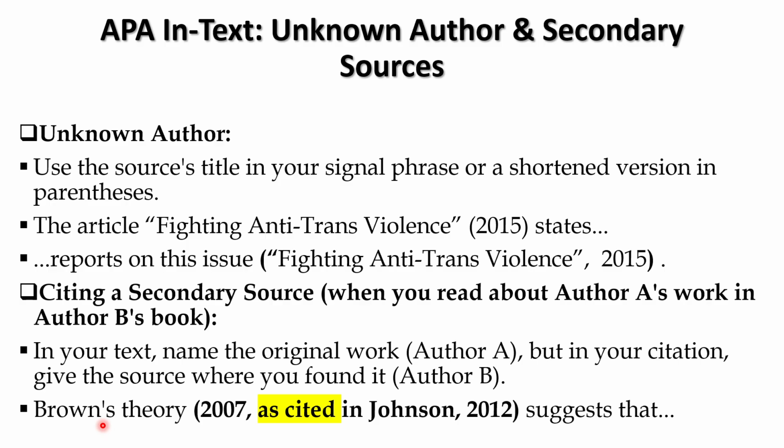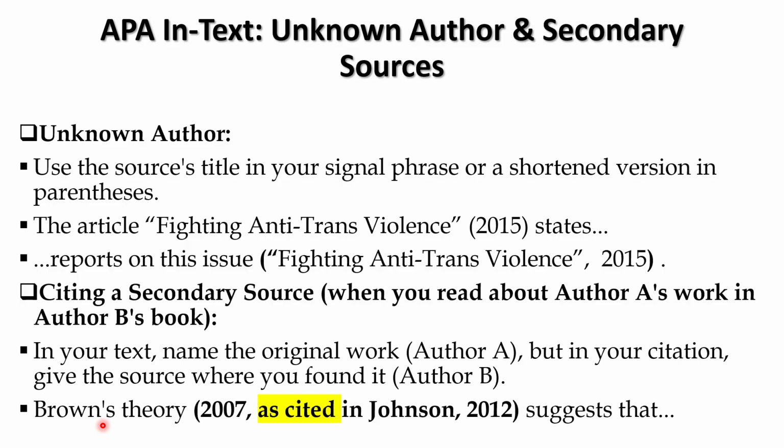So here is how to cite this in APA style. Brown's theory (2007, as cited in Johnson, 2012) suggested that. Notice the elements in this kind of citation, secondary source. You have the name of the original author, which is Brown, in your sentence.